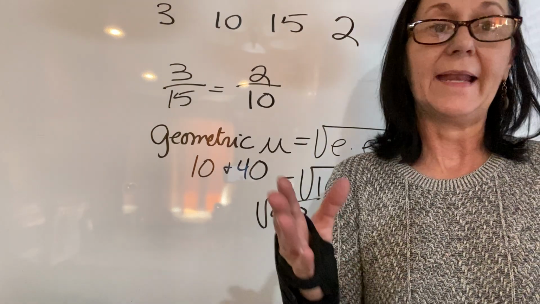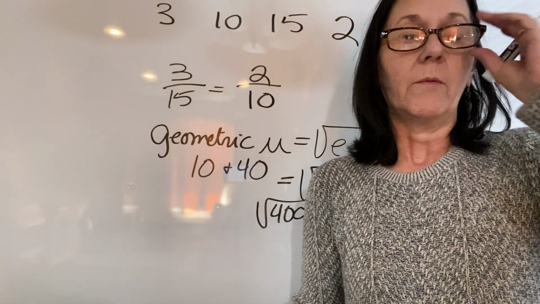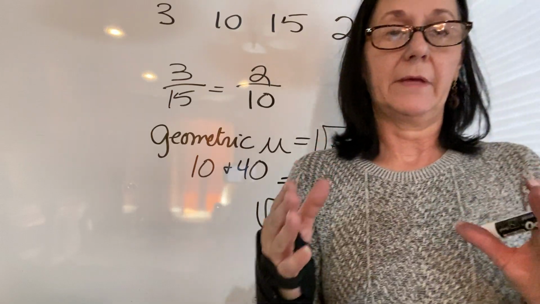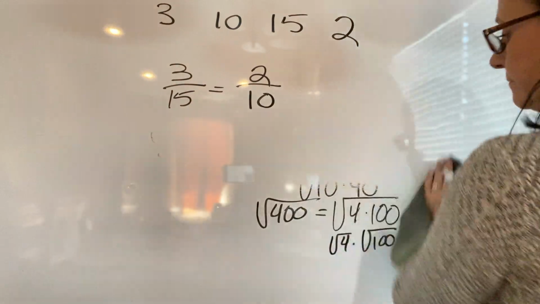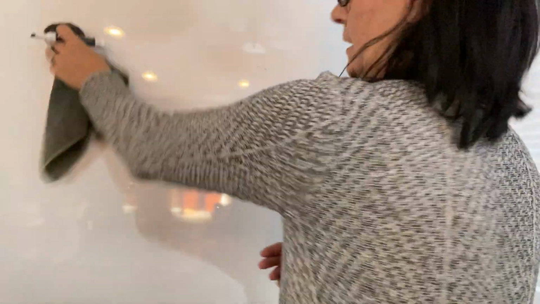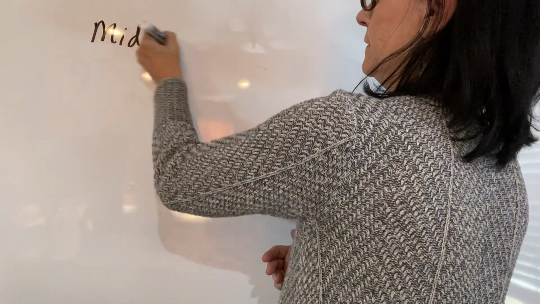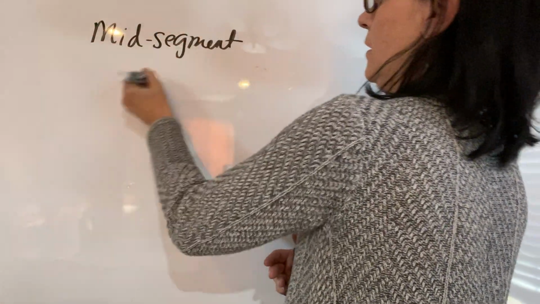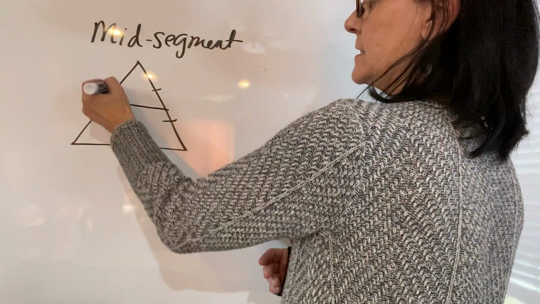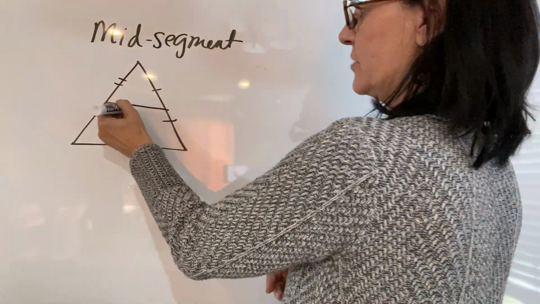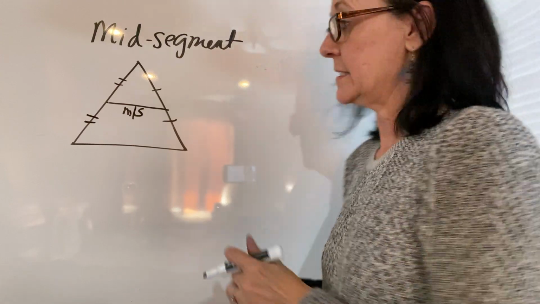All right, now let's look at side splitter theorem. I want to differentiate this from the mid-segment theorem. With the mid-segment theorem, we had a triangle, and this mid-segment bisected both of the sides.